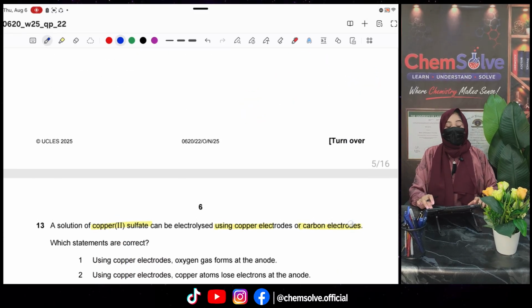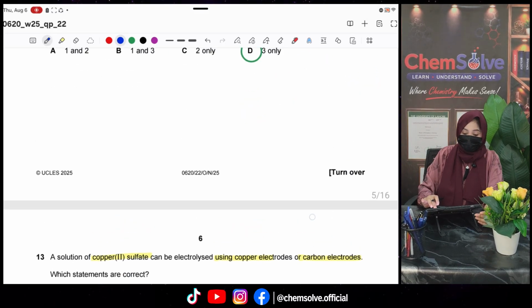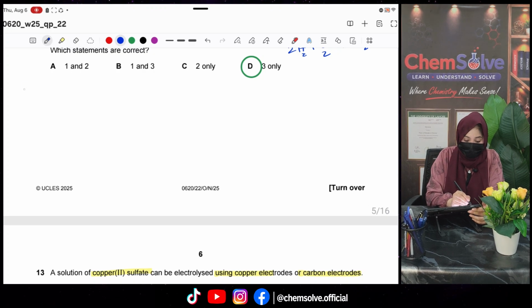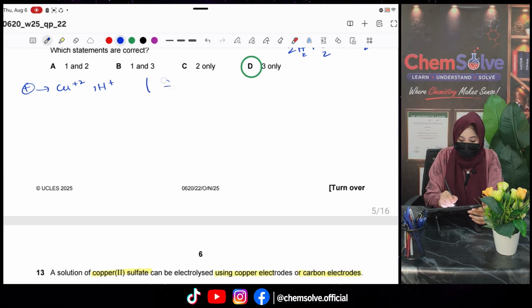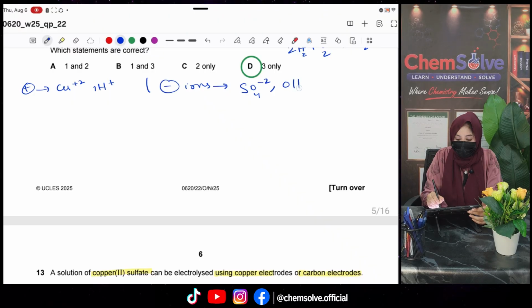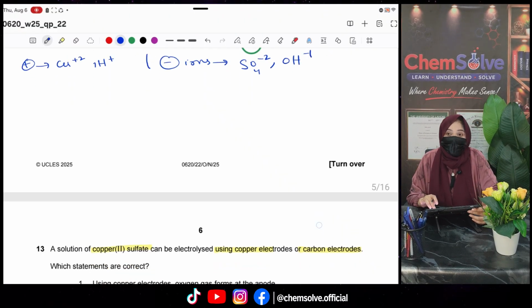Okay, so I have aqueous copper sulfate. Aqueous copper sulfate means it has 2 positive ions, and those are Cu2+ and H+, right? And it has 2 negative ions, and those are SO4 2- and OH-, right?